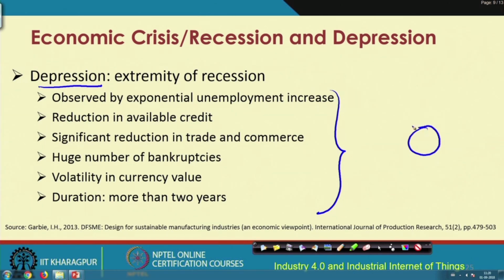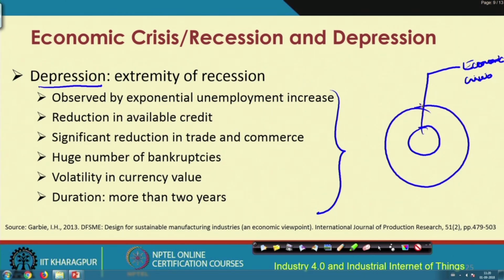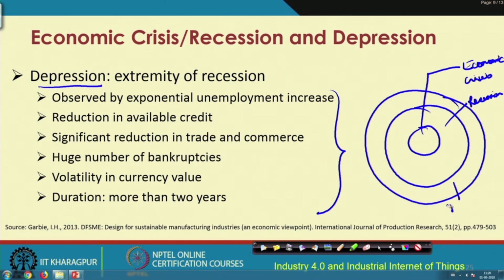If we talk about crisis, let us say that this is the economic crisis. Then comes the recession phase, and the next one is the depression. So, conceptually it would look like this.